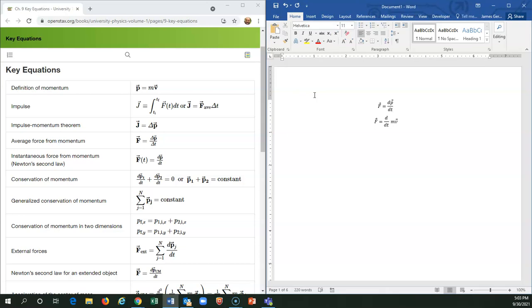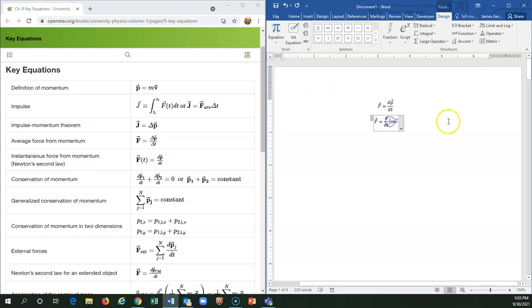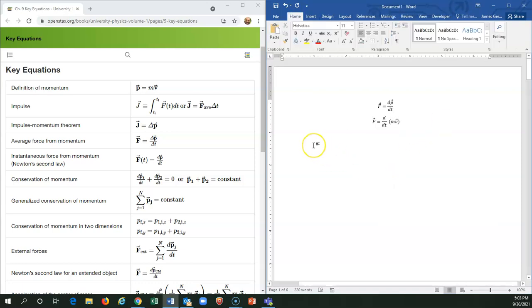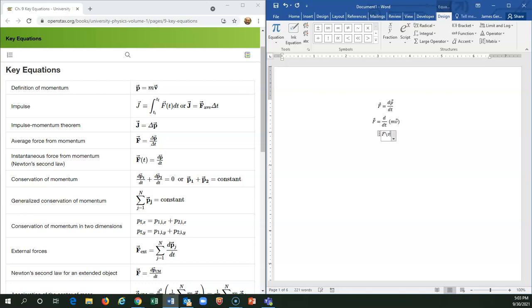Right, but if the velocity is constant, then that mass can be factored out. And so we end up with force is mass times d/dt, the derivative of velocity.